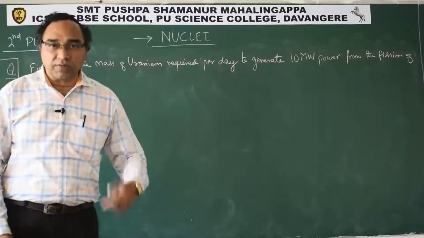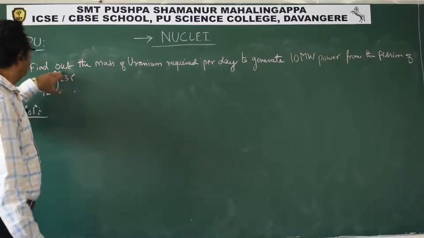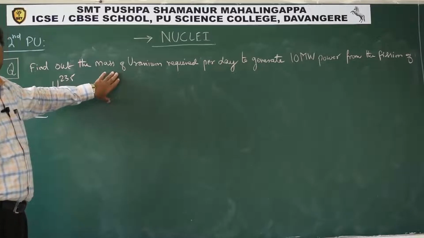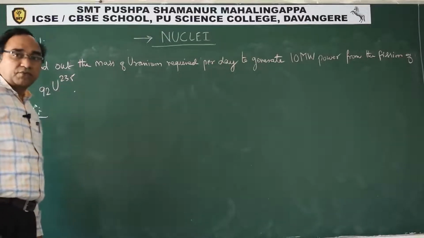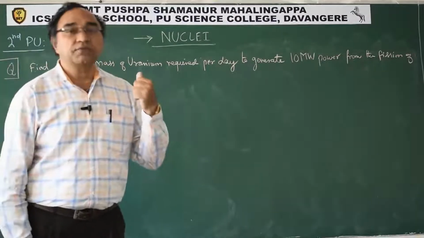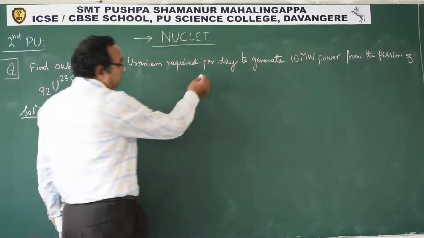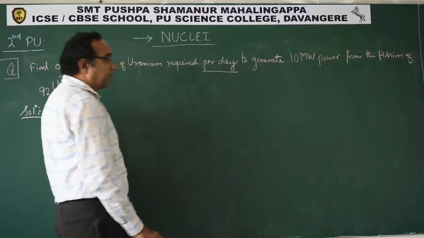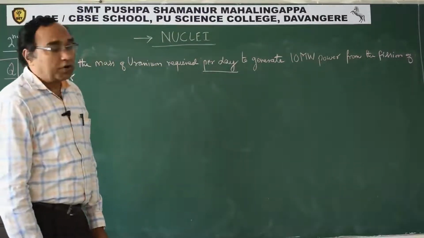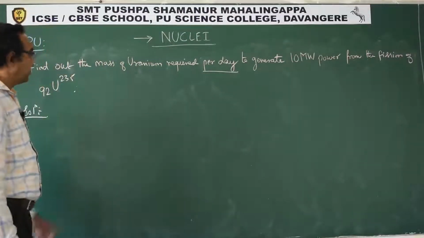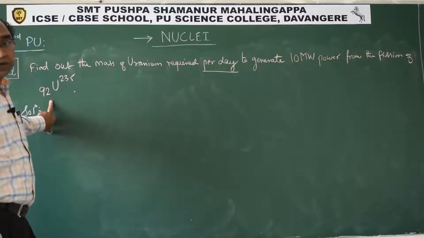Students, let us take one more question of this type. Find out the mass of uranium. See, as I was discussing in the previous question, this question deals with that. Find out the mass of uranium required per day to generate 10 megawatt power from the fission of 92U235.